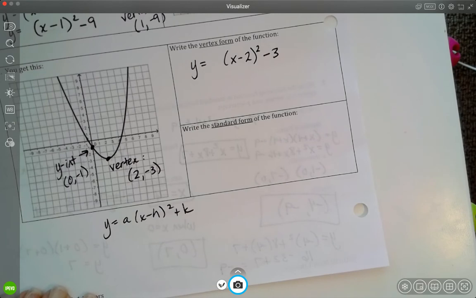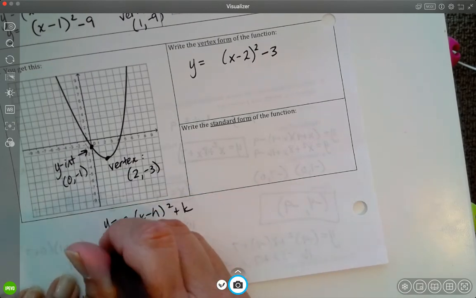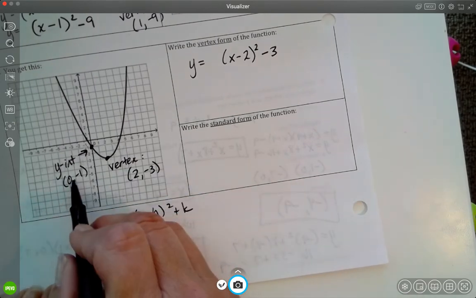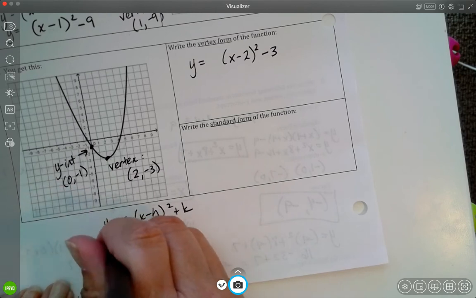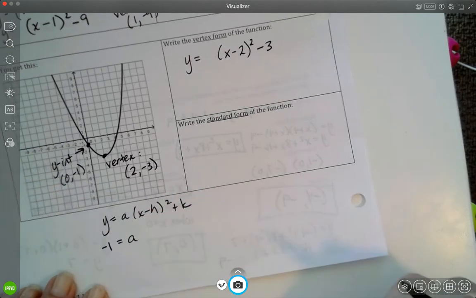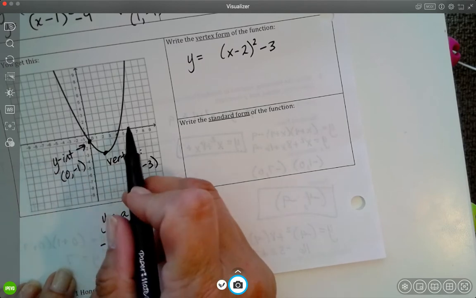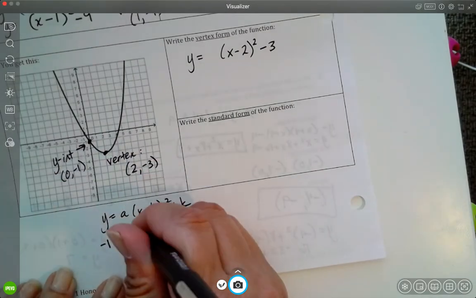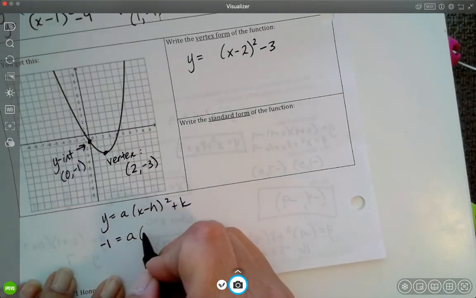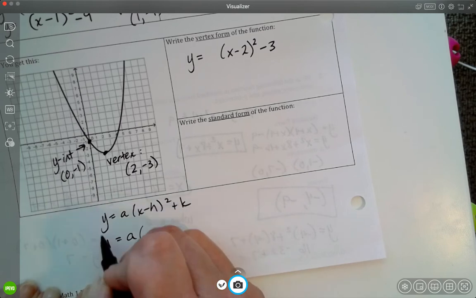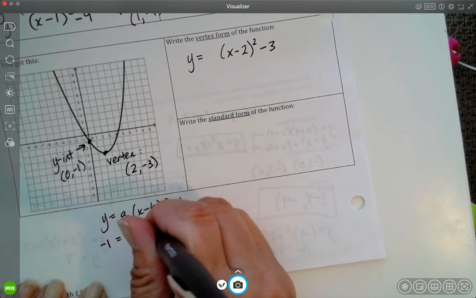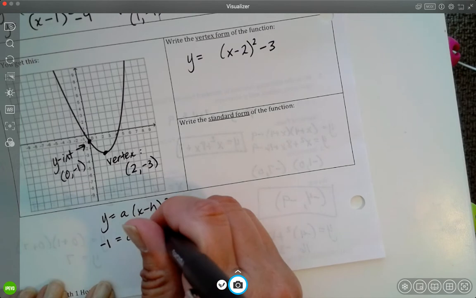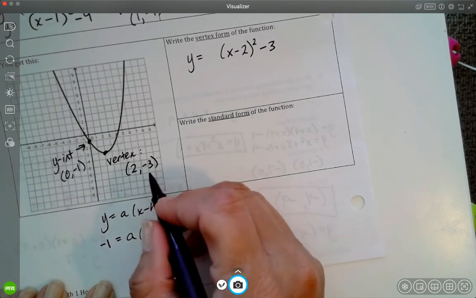All right, so since I'm using my y-intercept, -1 equals a. I don't know what a is. Kind of looks like it's more wide, so I'm expecting it to be a fraction. Okay, x, well, what's x when y is -1? 0. Minus, what's h? 2. Quantity squared, what's k? -3.